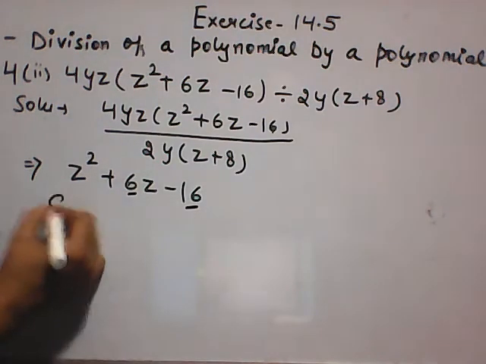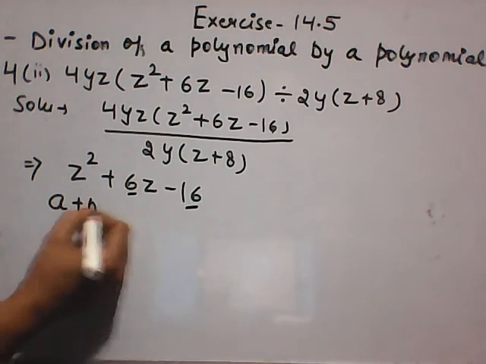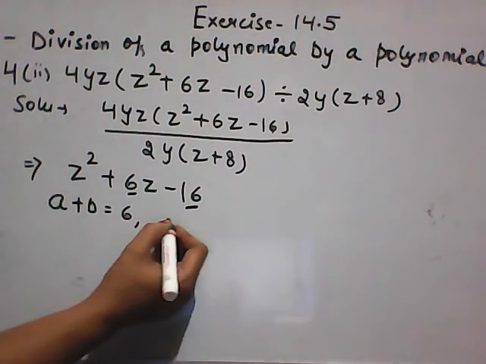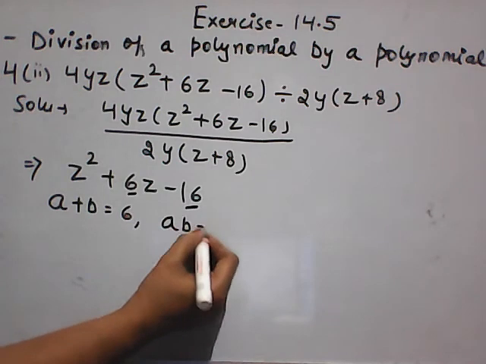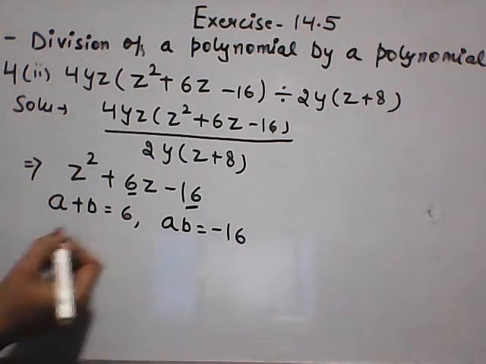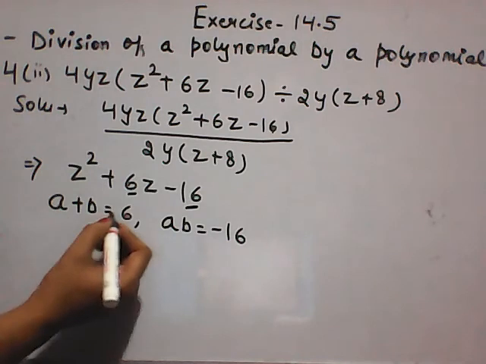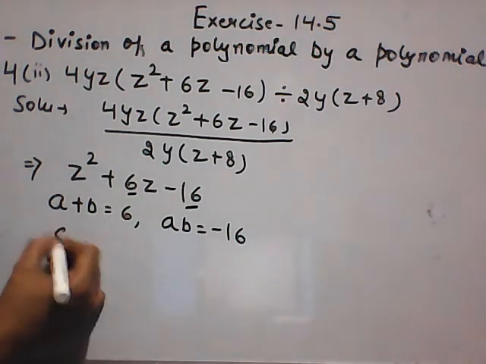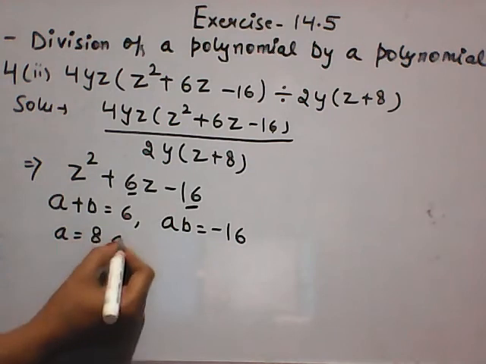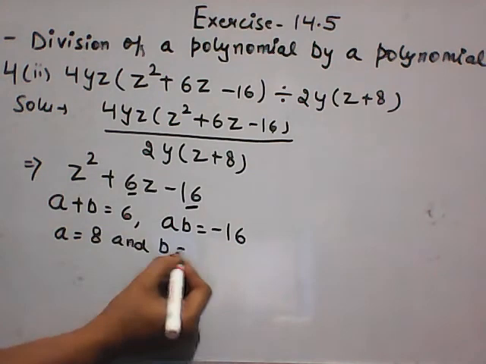We can factorize in such a way that a plus b should be equal to 6 and a times b should be equal to minus 16. We know that 8 minus 2 is 6 and 8 times minus 2 is minus 16. We can take a equal to 8 and b equal to minus 2.